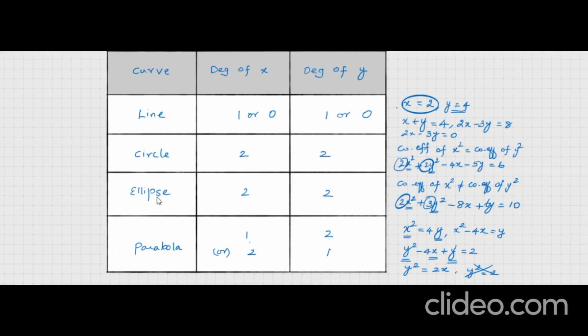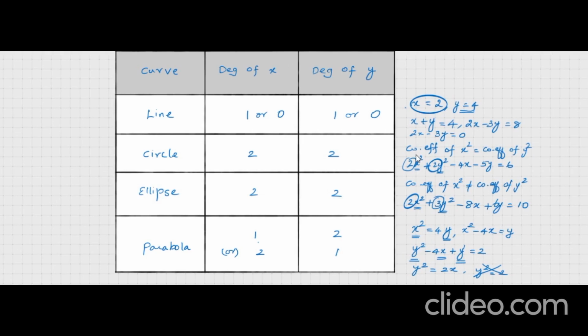For circle and ellipse, you should be careful on one point: for both x and y the degrees are 2. For a circle, the coefficient of x square will be equal to the coefficient of y square.